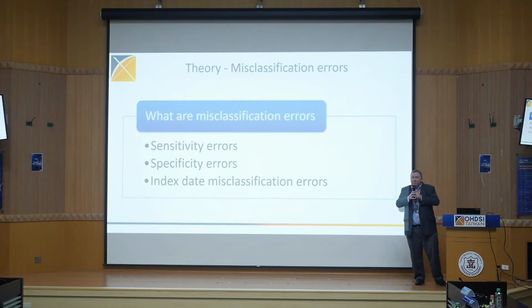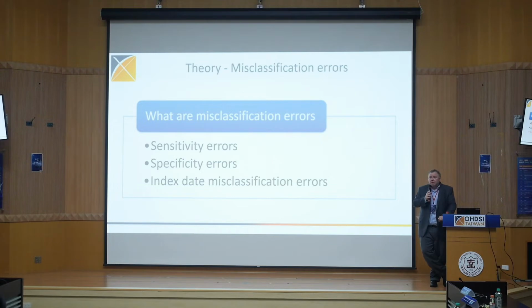And index date misspecification is an area that a lot of people don't appreciate, but I'll provide a more topical example where this is very relevant. Hopefully many of you have received a vaccine for COVID-19, which have been proven to be very effective treatments and largely safe.